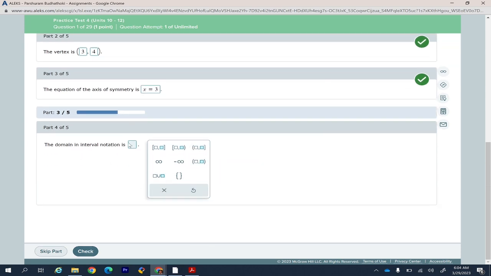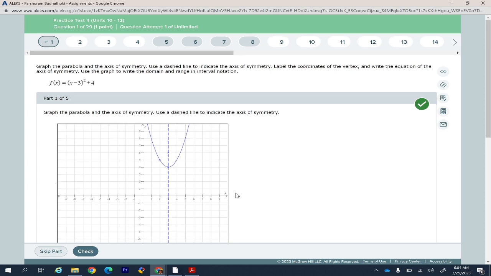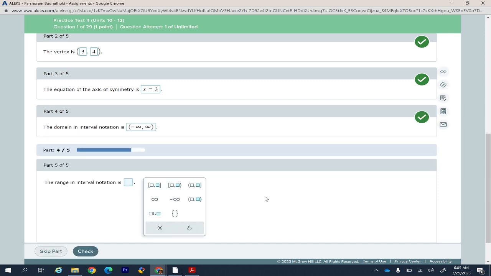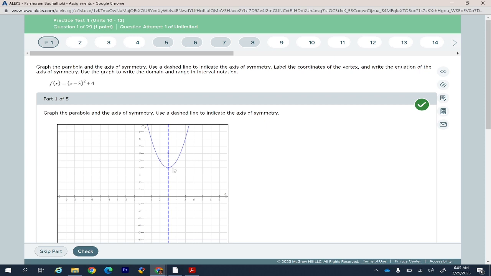And then the domain in interval notation, as you can see in the graph, is any real number from the left side to the right side. So you can just use parentheses from negative infinity to positive infinity. And finally the range is the y value. It starts at the vertex because it's concave up.